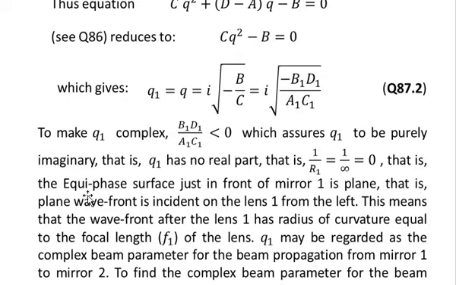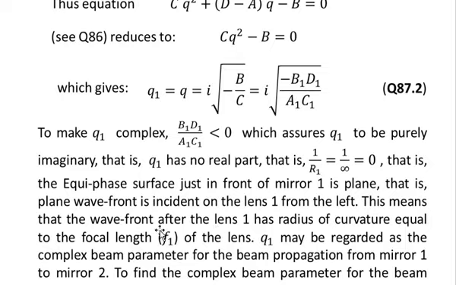That is, the equiphase surface just in front of the mirror 1 is a plane surface, because r1 infinity means that the equiphase surface just in front of the mirror 1 is a plane. That is, a plane wave front is incident on the lens 1 from the left, because the radius of curvature is infinitely large, which means that the wave front which is incident on the lens 1 from the mirror 1 is actually a plane wave front.